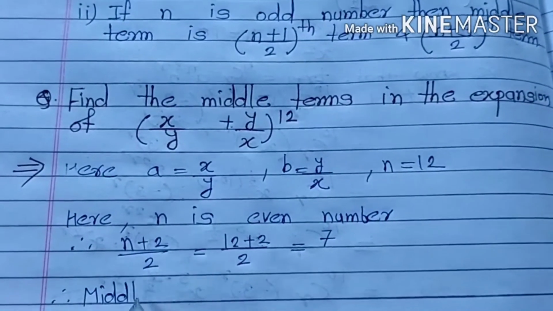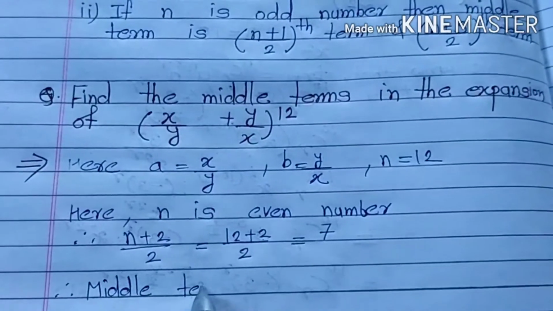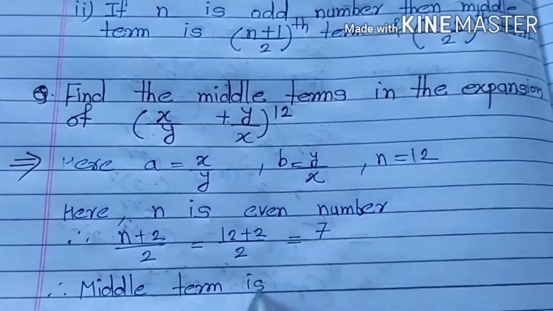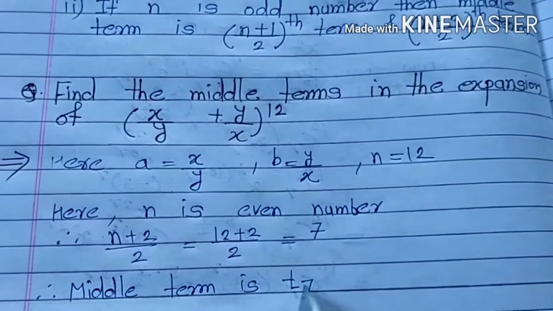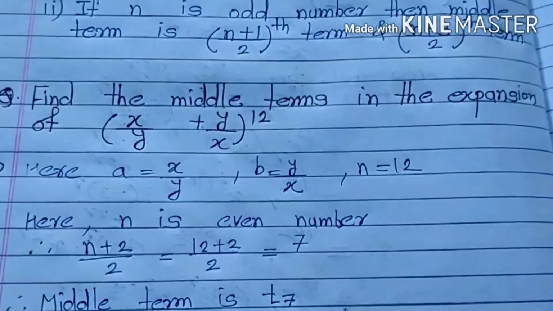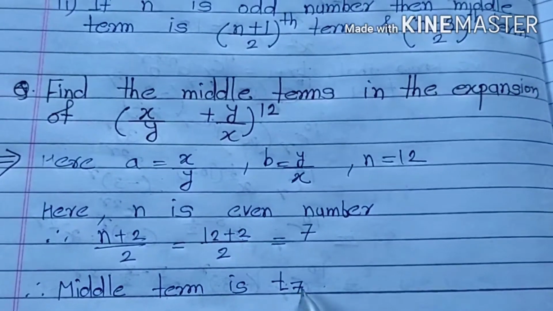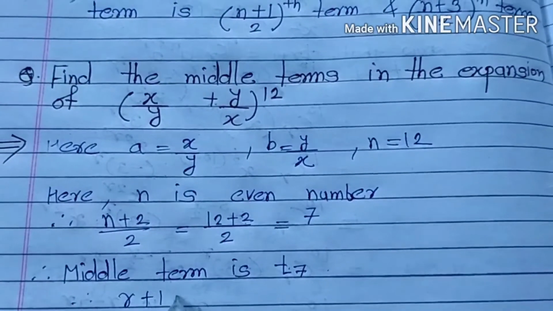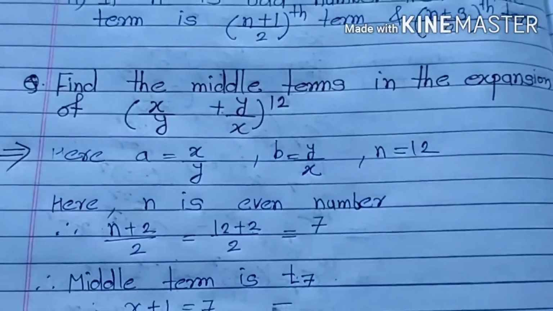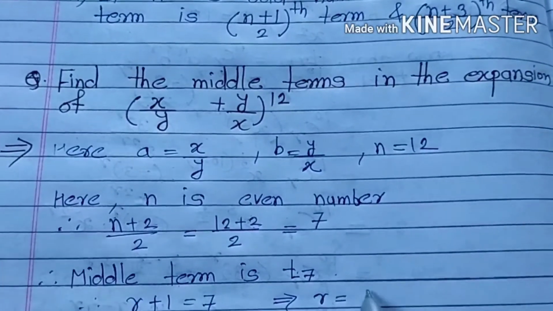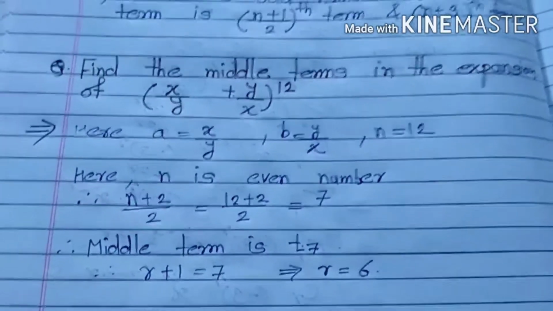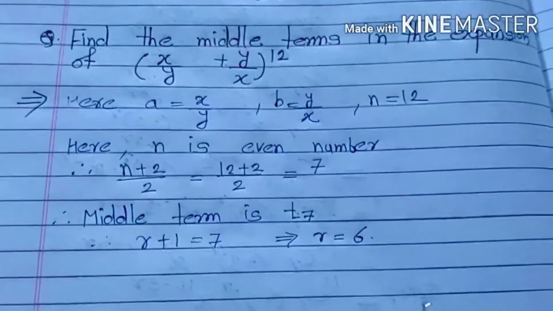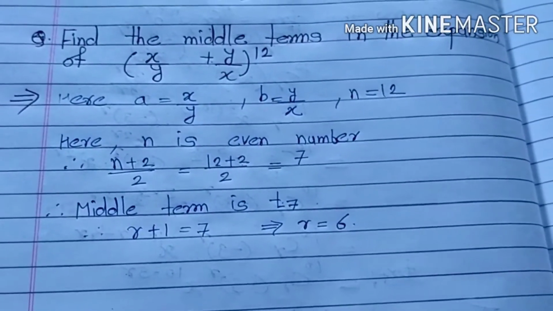And if T7, then r + 1 is equal to 7, and this implies that r is equal to 6.